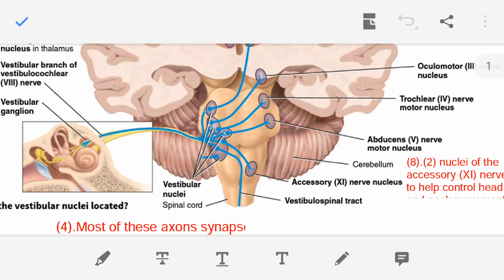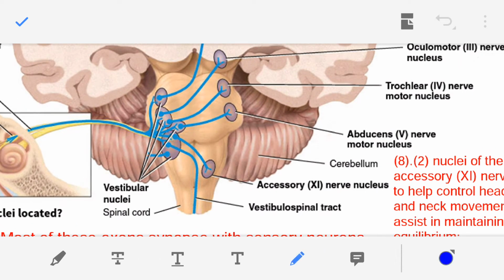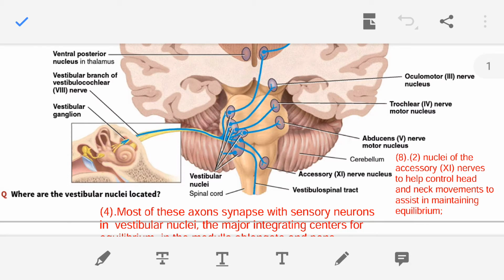Here you can see in the figure the vestibular nuclei sending commands to the abducens nerve nucleus, the trochlear nerve motor nucleus, and the oculomotor nerve nucleus.